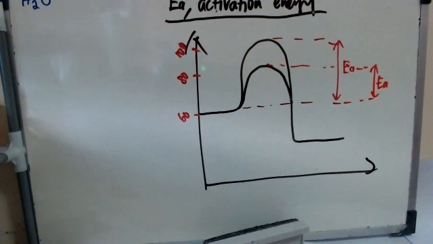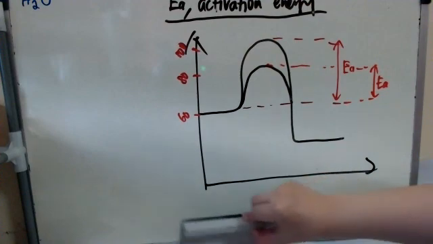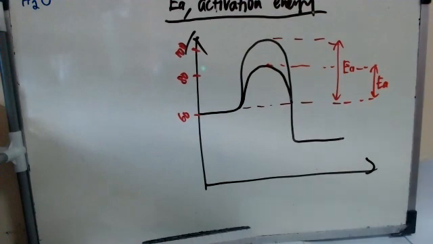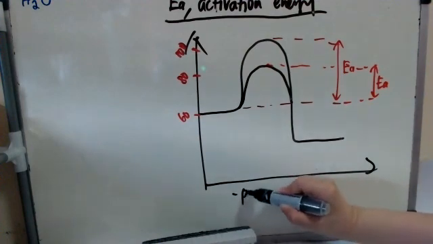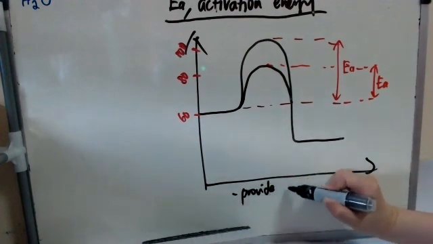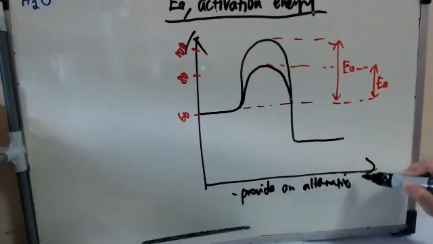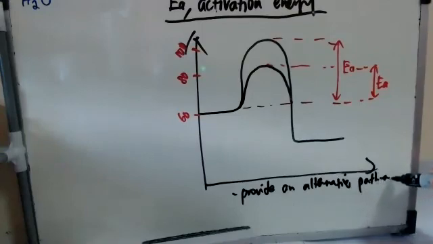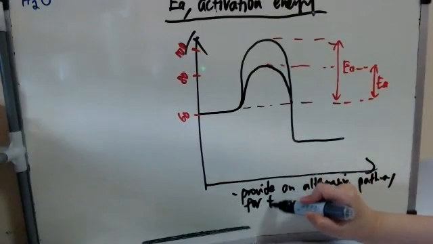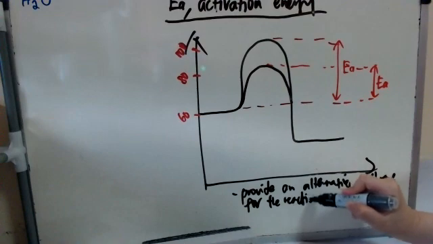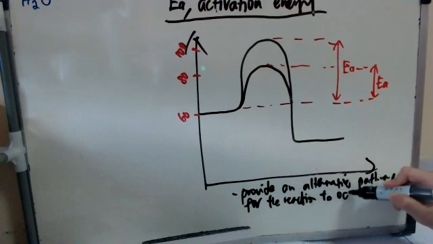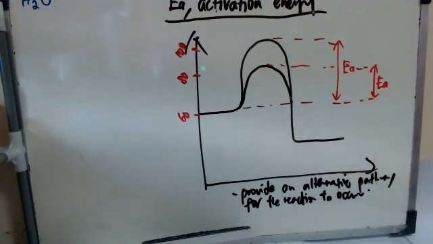You can tell them that enzymes provide an alternative pathway for the reaction to occur. Okay, so you can try the exercises behind.